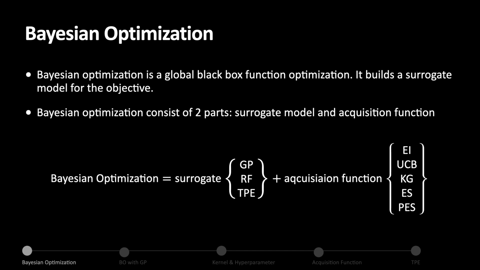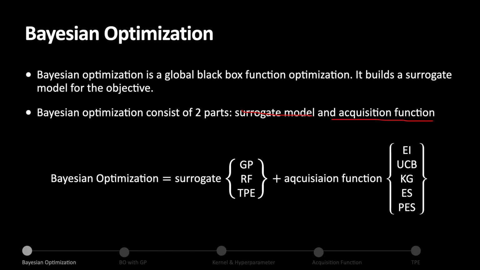Bayesian optimization is a global black box function optimization. It builds a surrogate for the objective and quantifies the uncertainty using Bayesian machine learning. Bayesian optimization consists of two parts: surrogate model and acquisition function.